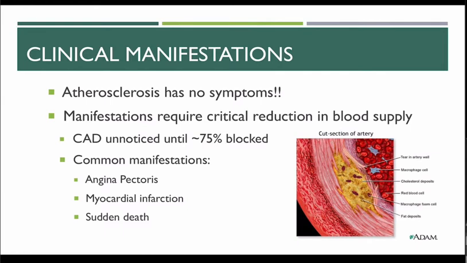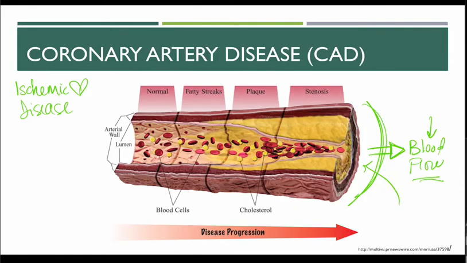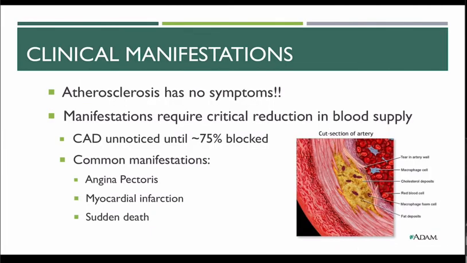But that also means there's no warning for atherosclerosis. This might look ugly and nasty, but we do not feel it. We have no idea that it's there. We only have symptoms of coronary artery disease once we have a critical reduction in blood supply. And that's really important, because we're already very far down the road into the disease by the time we have our first symptoms.